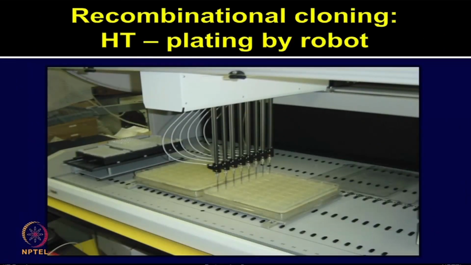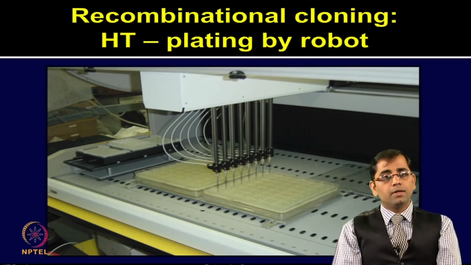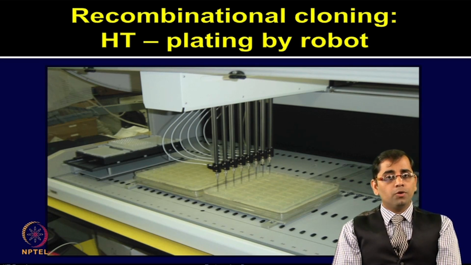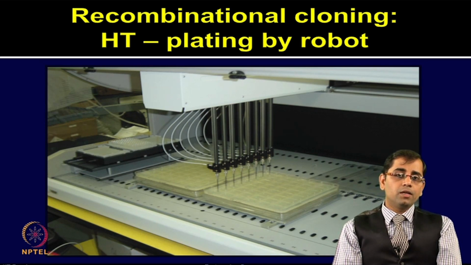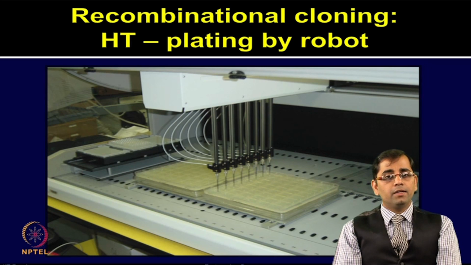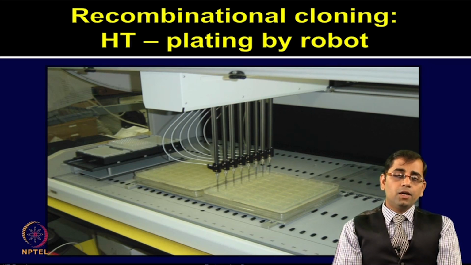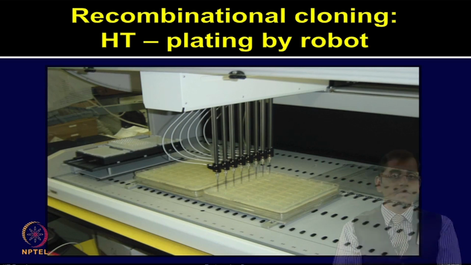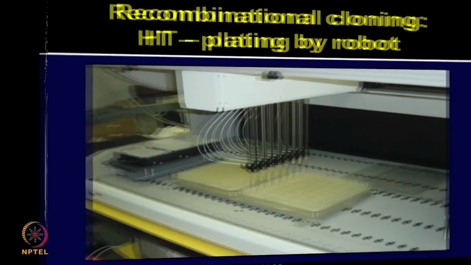Now, high throughput requirements also include the plating for the transformation by robot. The bacterial transformation can be plated by the robot onto the custom designed bioassay dishes, which contain 48 compartments, as you can see in this slide, and these colonies can be further picked automatically by another robotic platform, which is a colony picking robot.